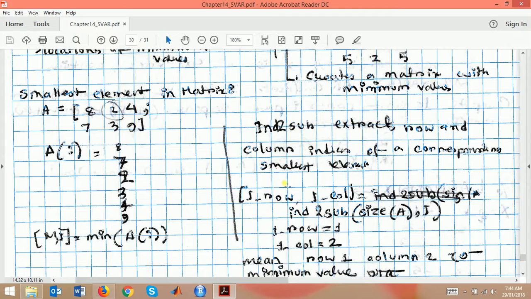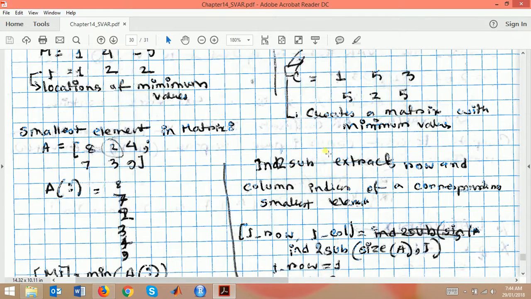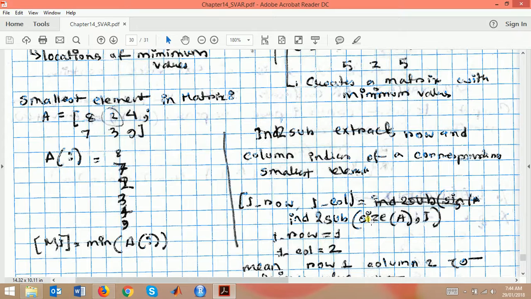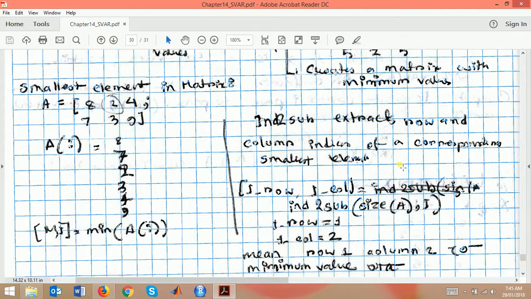So if I have row and column indices, number of rows and columns equals size of a, we have 1 row. This is the position where the minimum value is located. ind2sub gives you the position where the minimum value is located. It is located in the first row, second column.